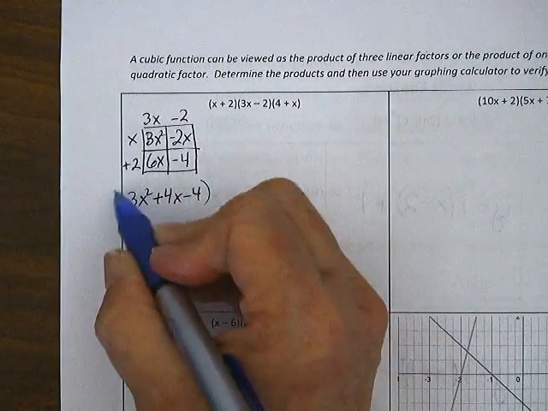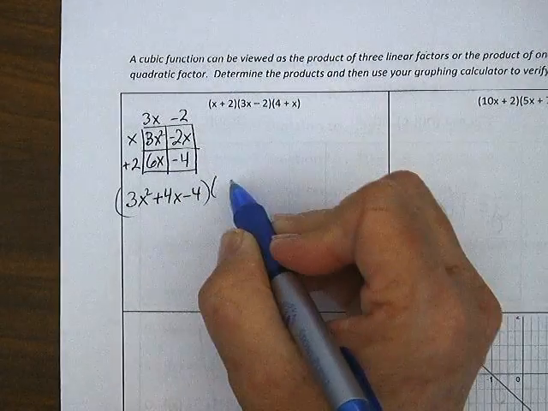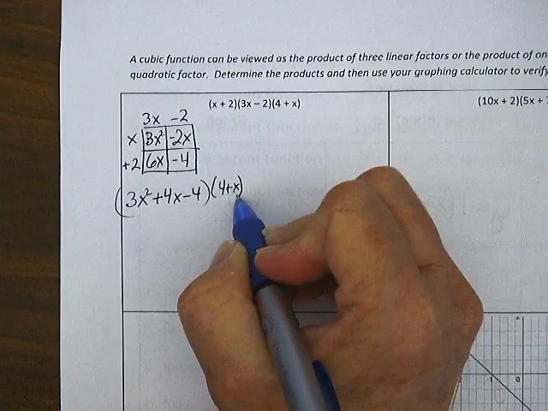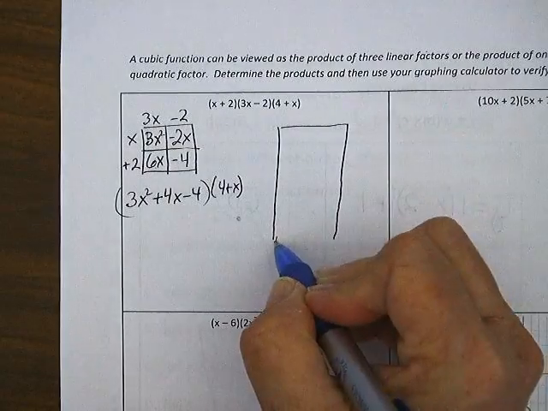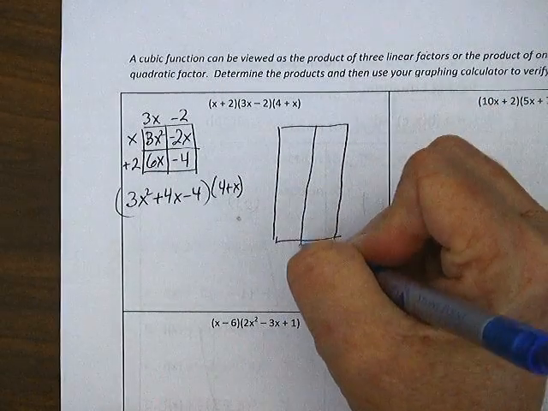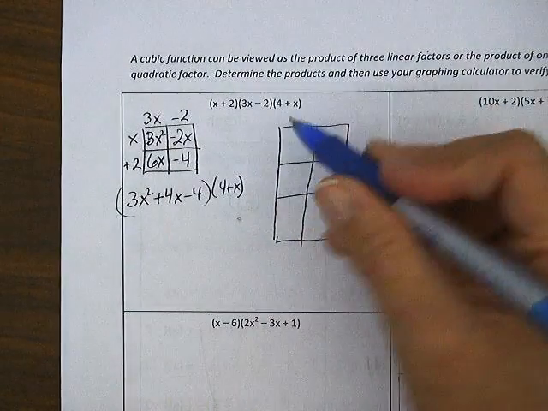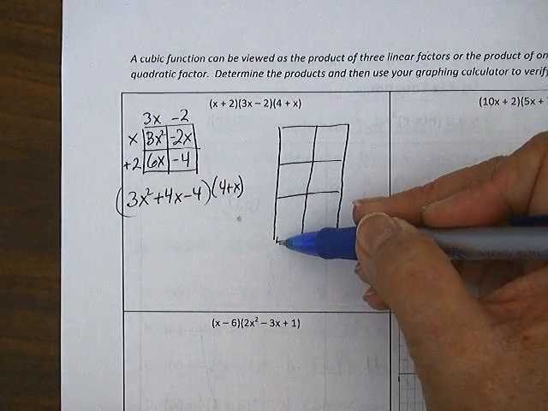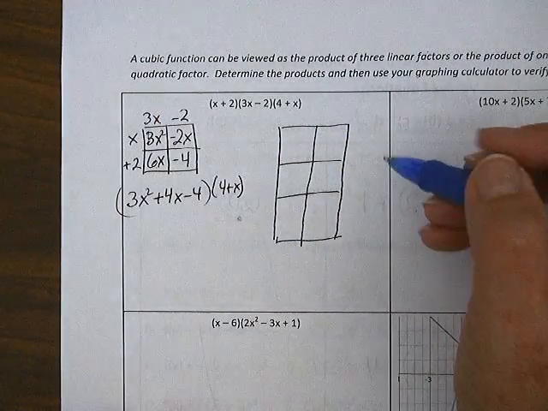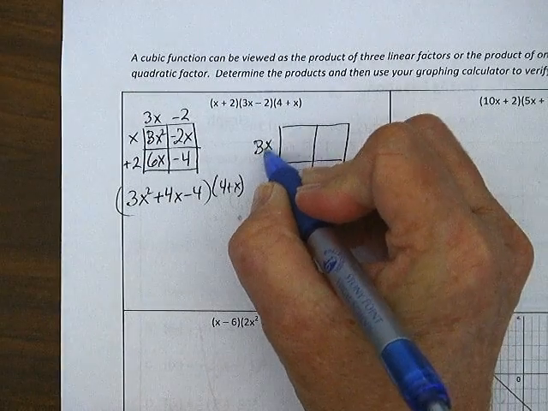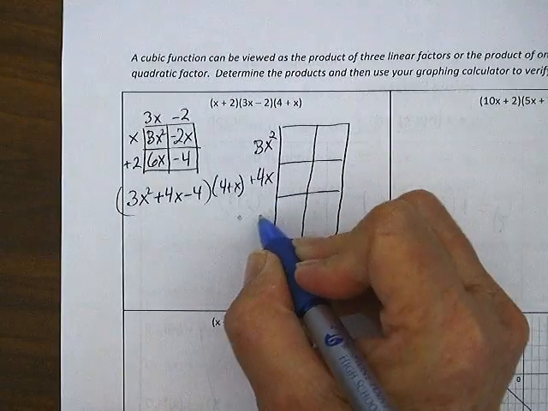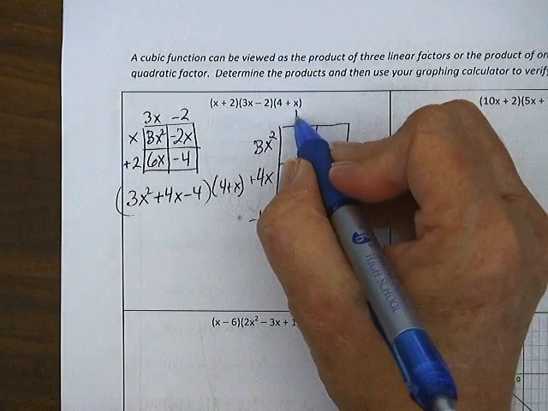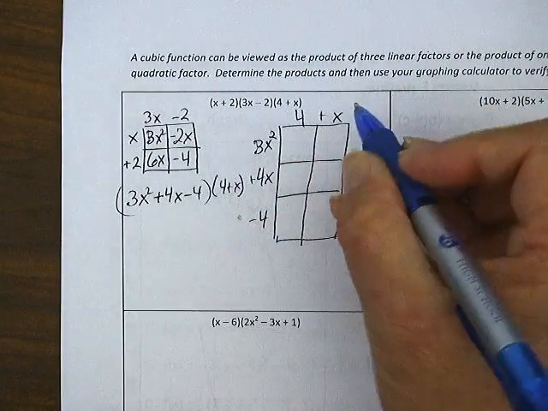So we're now going to take this trinomial and multiply it by the 4 plus x. So we need a bigger box this time, because we've got 3 terms. And it doesn't matter if I do my 3 as rows or as columns. So we've got 3x squared plus 4x minus 4 multiplied by 4 plus x.